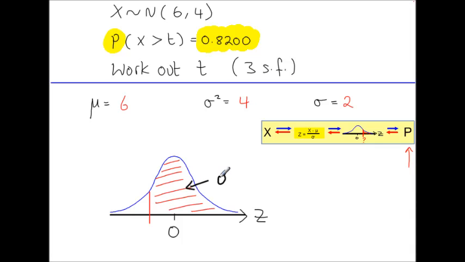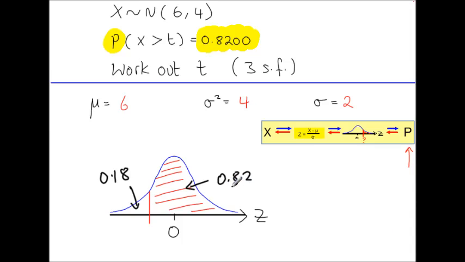So that probability there is 0.82, which means this side would be 0.18, and you should mark in the probabilities for all the regions on your sketch, whether you've shaded the region or not. And then starting with the probability out of these two, the one that's more than 50% or more than 0.5, we go to the tables.